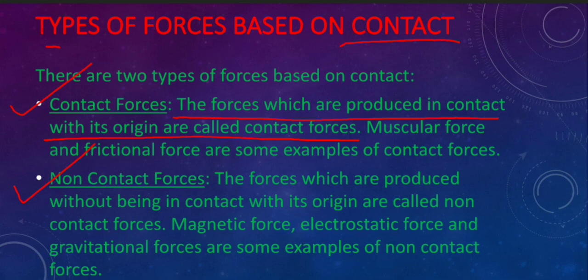Means if a force has contact with its origin, then the force is said to be a contact force. Muscular force and frictional force are some examples of contact forces.